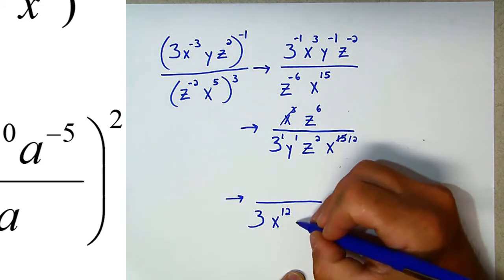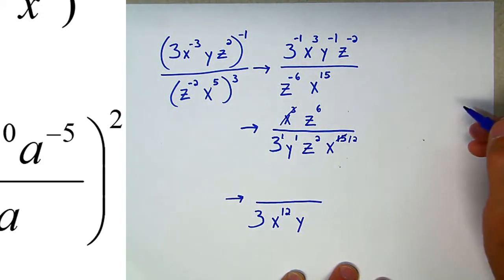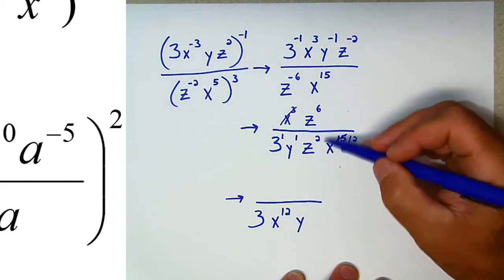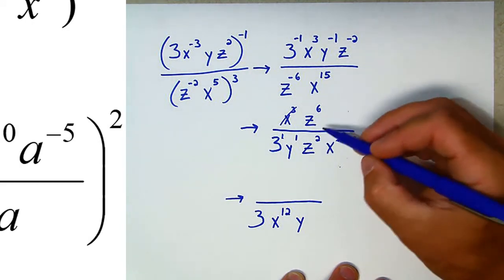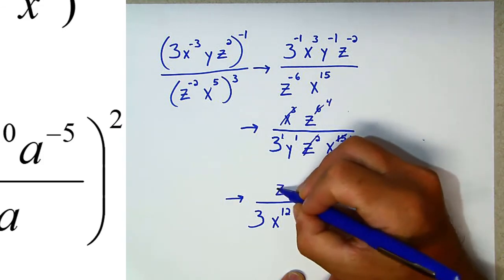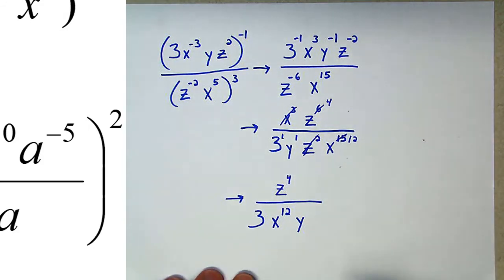That y, the only y, is in the denominator, y to the 1st power, but we don't need the 1. And we have z to the 6th over z squared. 6 minus 2 is the same as canceling 2 of those, and we're left with z to the 4th. And so this simplifies with positive exponents to be z to the 4th over 3x to the 12th y.